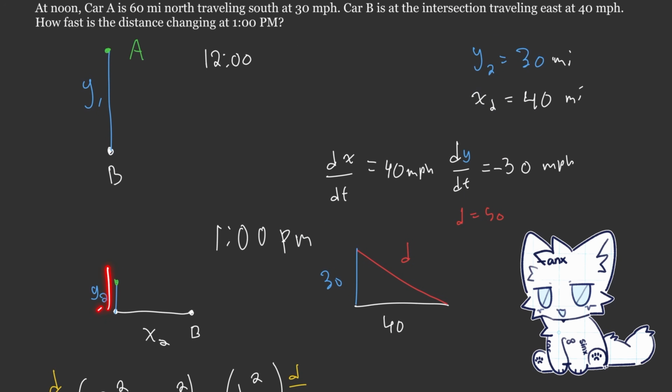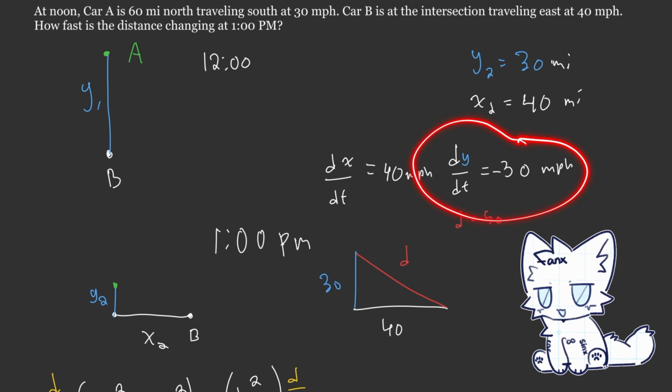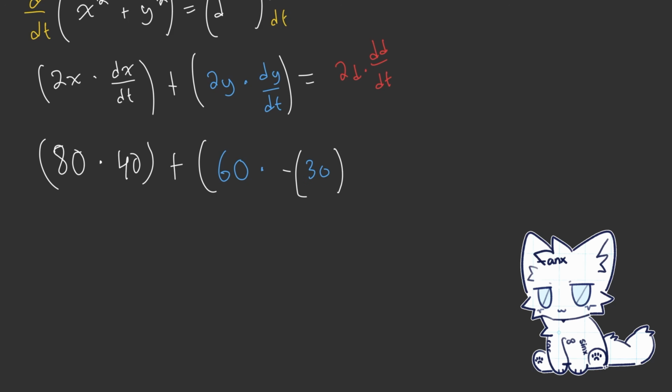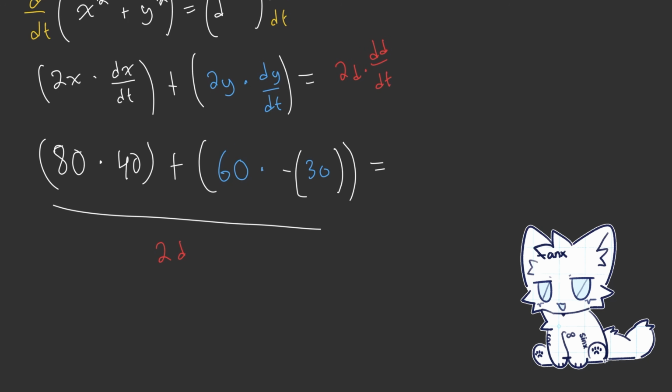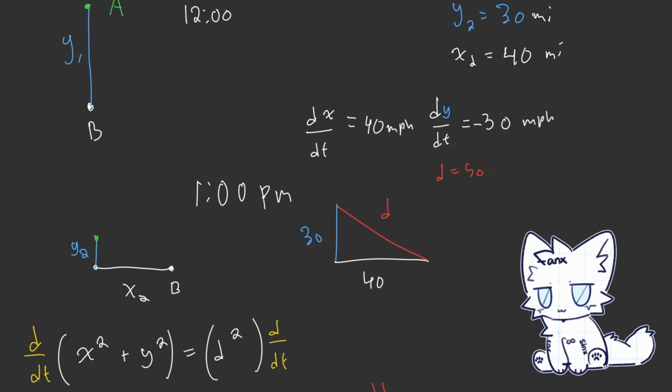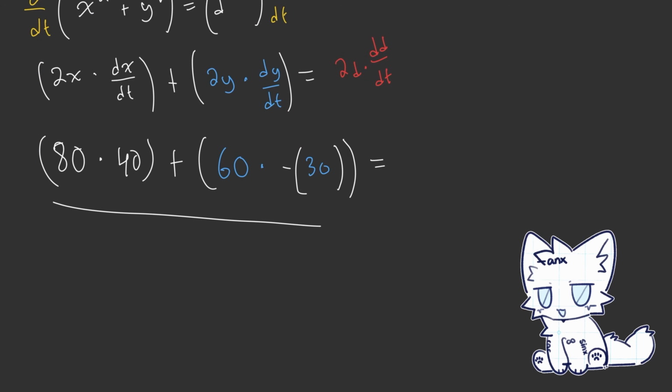Because the car is going down, that is a negative change in y, so negative 30. And that is equal to, let's isolate the change in distance. So we would divide this all by 2d. And d, the distance we found earlier at 1 p.m. is 50. So 2 times 50 is 100. This would result in the change in distance with respect to time.